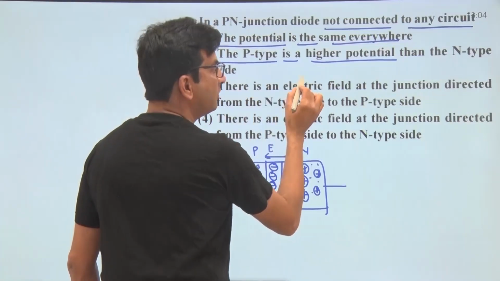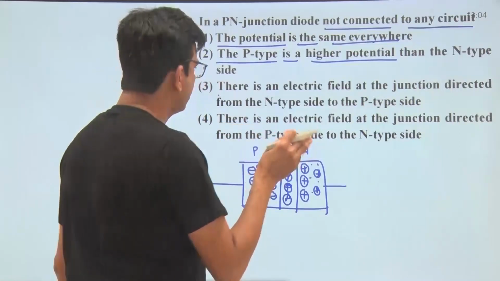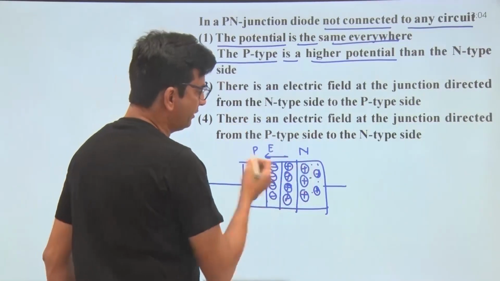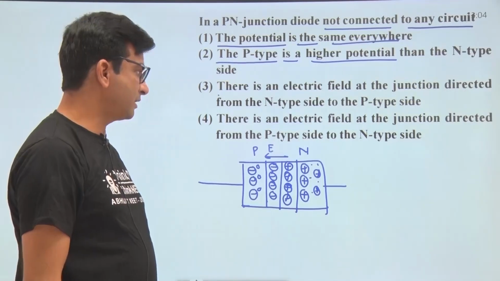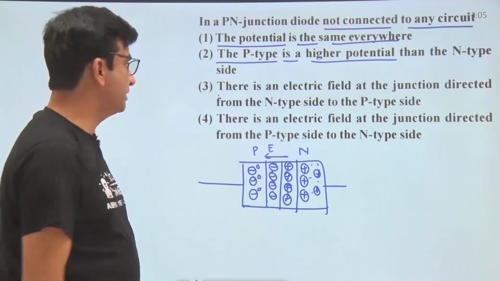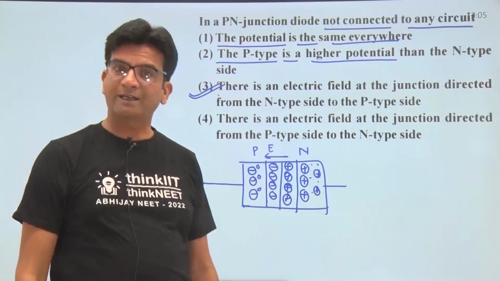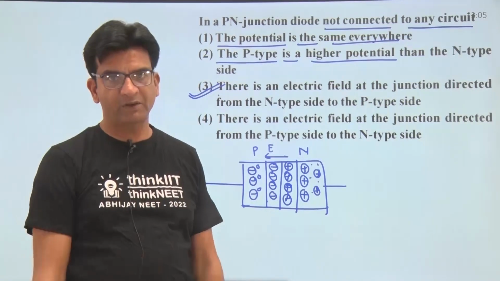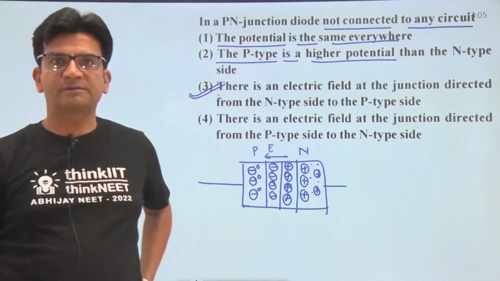There is an electric field at the junction directed from N to P. Yes, N to P. This one is correct. There is an electric field at the junction directed from P to N. This one is incorrect. So the correct option will be the third option: there is an electric field at the junction from N to P. Okay guys, thank you very much.